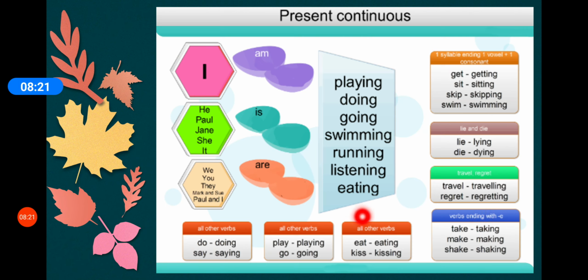Now, for other verbs as eat, we add ING. Kiss, we just add ING. Play, we add ING, playing, go, going, do, doing, say, saying. Right? I'm sure this must have refreshed all the concepts regarding present continuous tense in your mind.